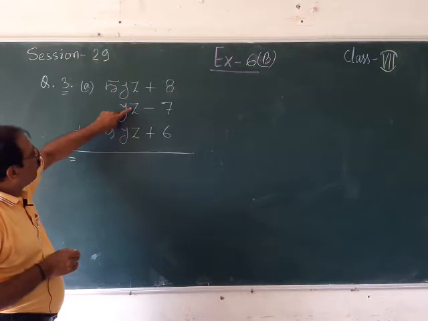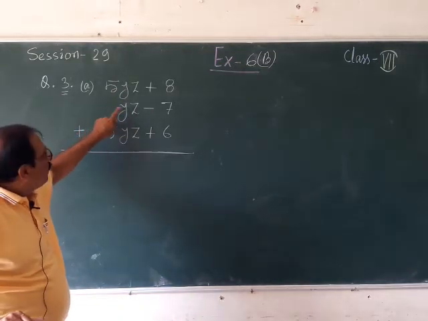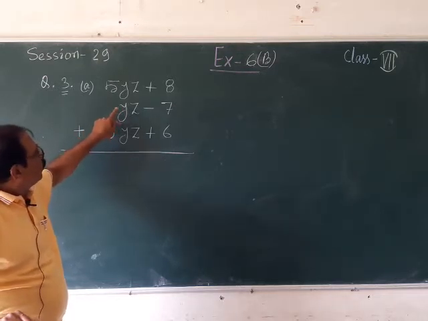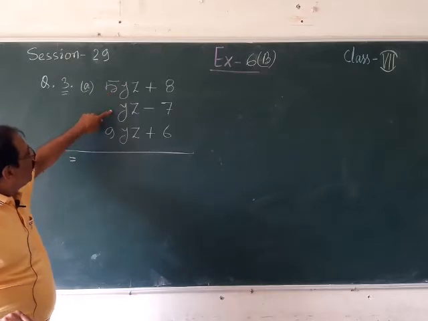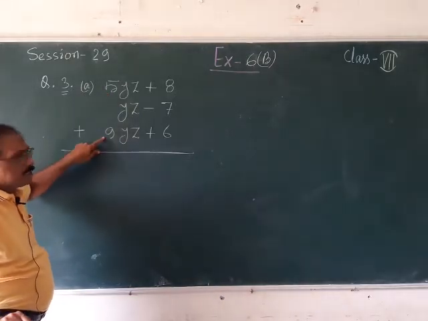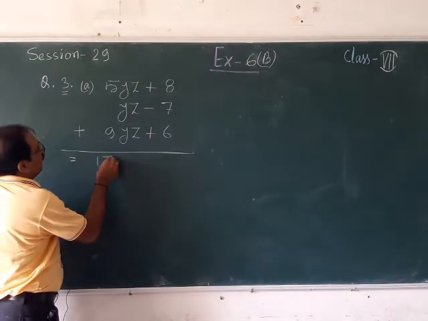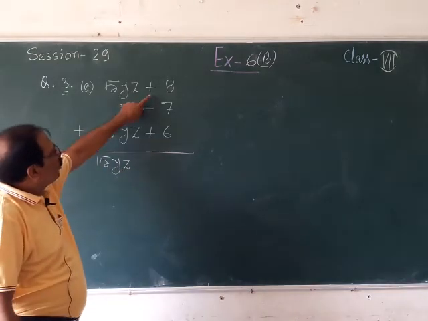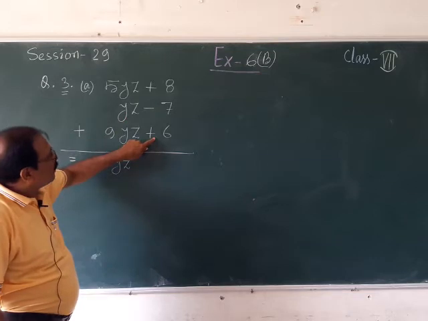5yz, and before yz which number is there? If no number is there, that means it is 1. So here it is 1. So 5 plus 1 becomes 6 and 6 plus 9 becomes 15. So I can write directly 15yz. Then here you need to add 8, minus 7 and plus 6.